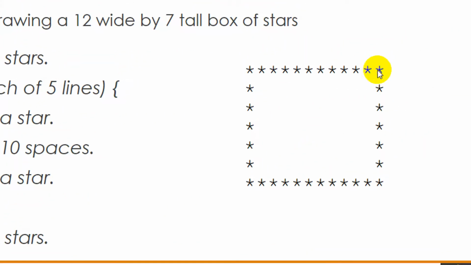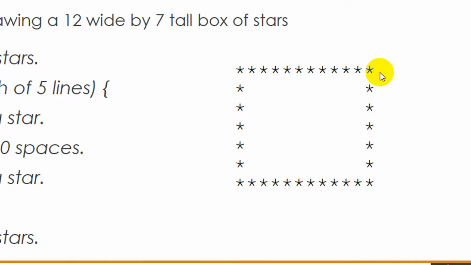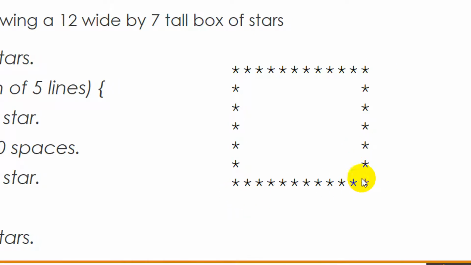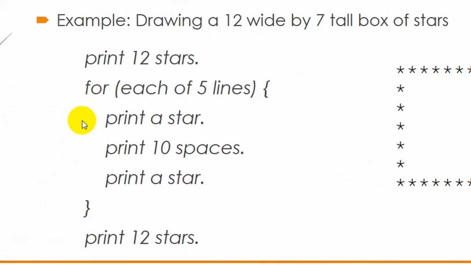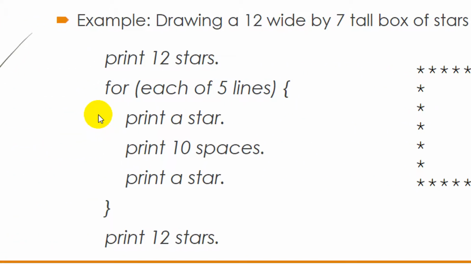So print the 12 stars at the start, print the 12 stars at the end, and then print a star, print 10 spaces, and then print a star. And just go back to line 2, line 3, line 4, line 5. So for each of the 5 lines, repeat this algorithm. So this is what we consider as the loop or as the output.